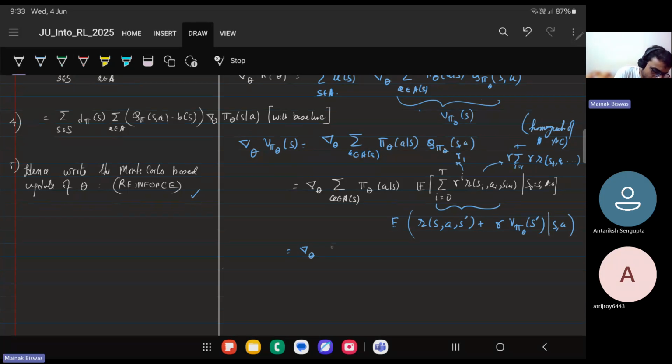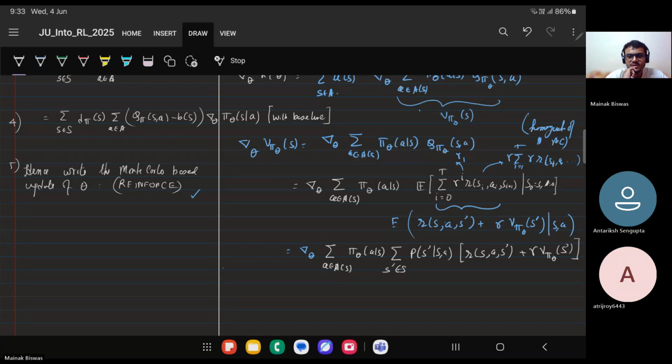So I will write this as, the full expanded equation will become pi theta of A given S, summation over S dash in S, reward of S A S dash, plus gamma times V pi of S dash. Do you agree?